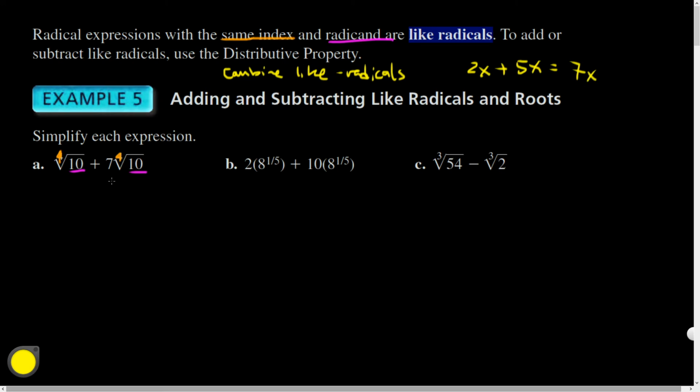So for example 5, part A, I've got the fourth root of 10 plus 7 fourth roots of 10. This is 1 fourth root of 10, and here are 7 fourth roots of 10. And so I'm just going to combine those quote-unquote coefficients. That's not quite what they are, but there's a total of 8 fourth roots of 10 left over.